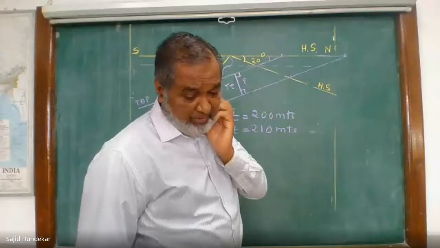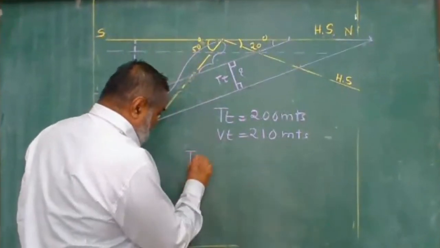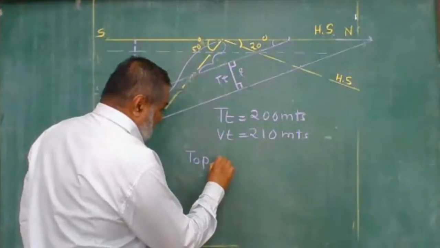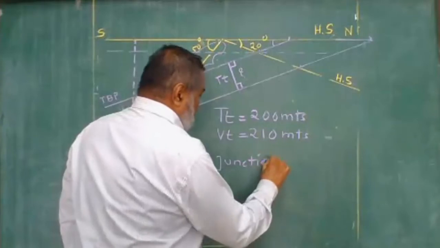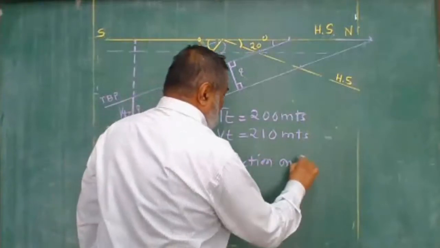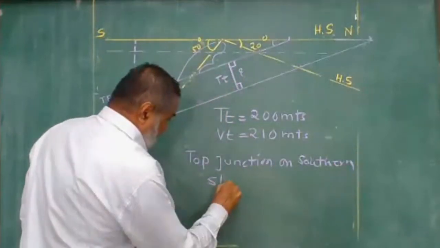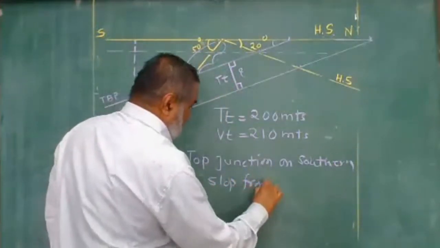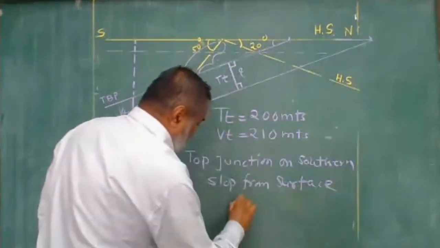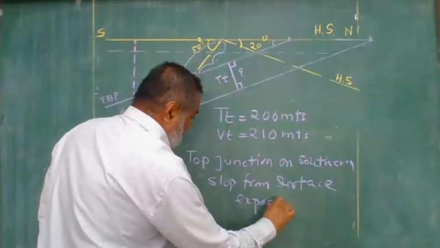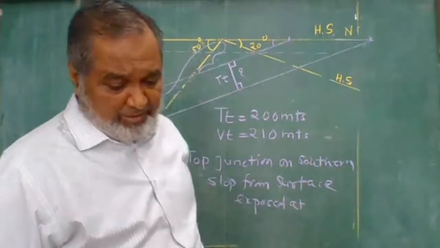No problem. The top junction exposed on the southern slope, from the surface, is exposed at how many centimeters?